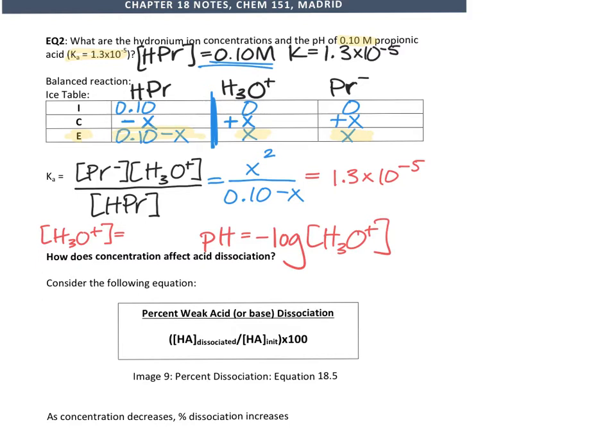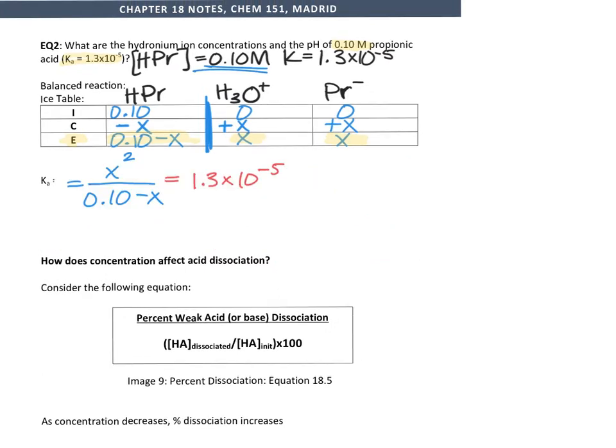So if I solve for X, that's the answer for hydronium concentration. And then I can also take that and plug it into my pH equation to solve for pH. So there's some cross multiplying that I need to do. I need to solve using the quadratic formula potentially. So let's go ahead and do that just below.